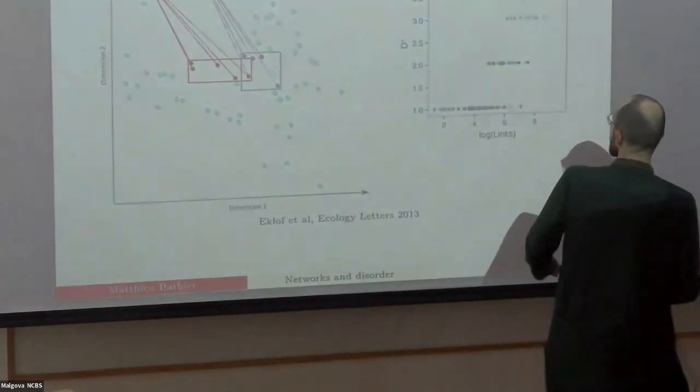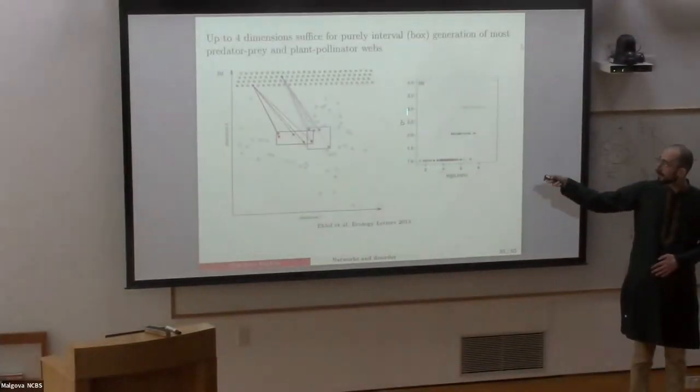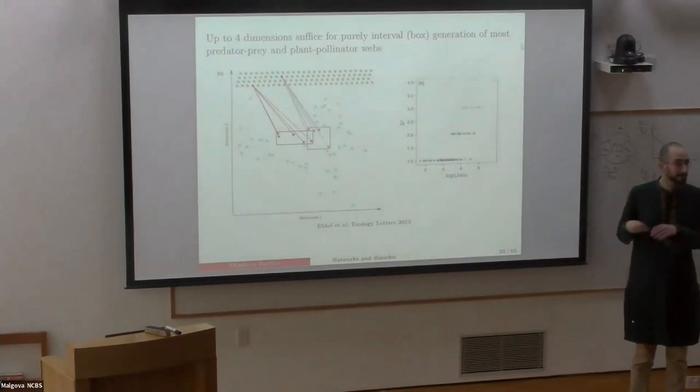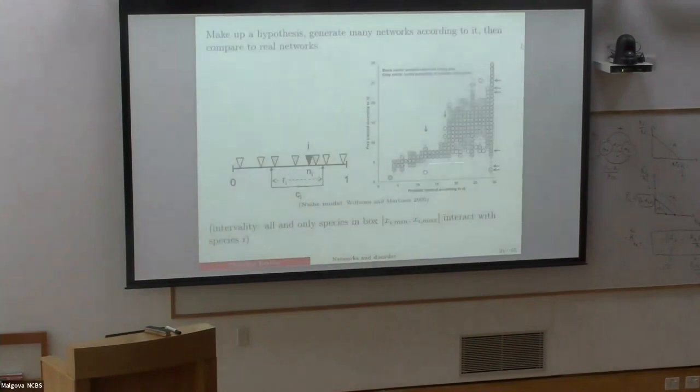What are the symbols? Each symbol is a different empirical network. The x-axis is the number of links in that empirical network, and the y-axis is how many dimensions you need to explain almost completely. You tolerate a few wrong links, but almost completely, like this, was explained by just a single axis.